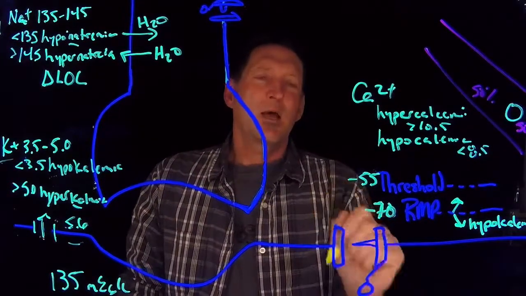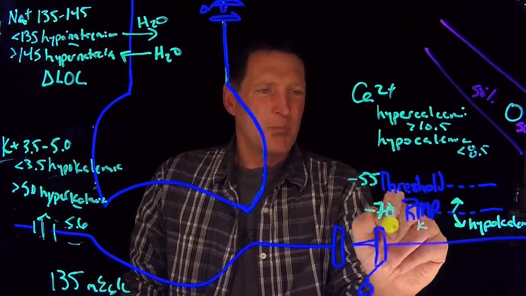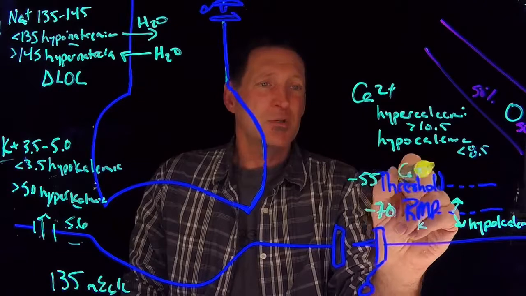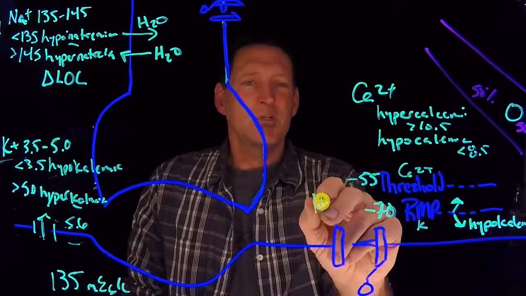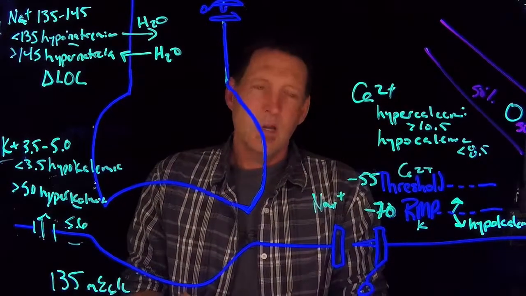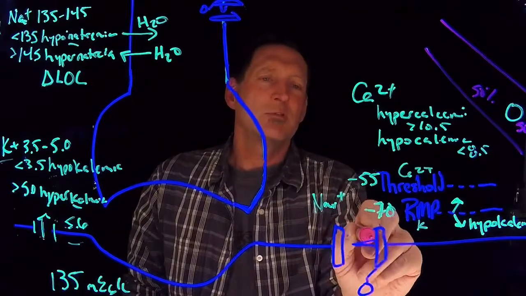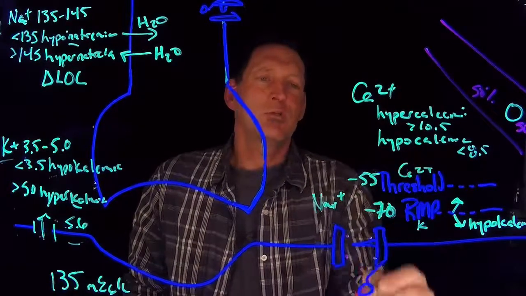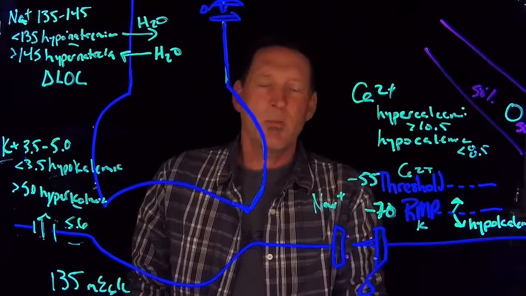Now, here's what happens. Where potassium maintains resting membrane potential, calcium actually maintains your threshold. So I've got this voltage-gated channel right here, a sodium voltage-gated channel. Calcium comes in, and what it does is it stabilizes this. So at normal calcium levels, this is stabilizing your threshold, and your threshold remains 15 millivolts above your resting membrane potential.